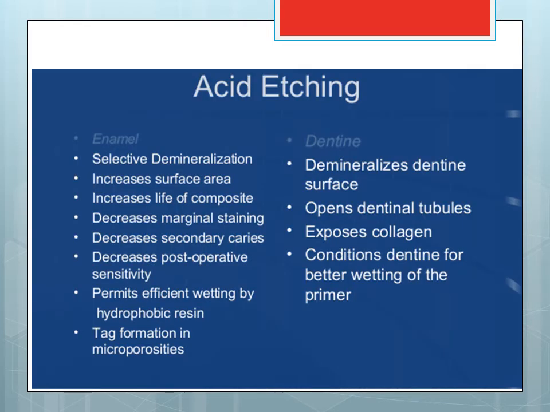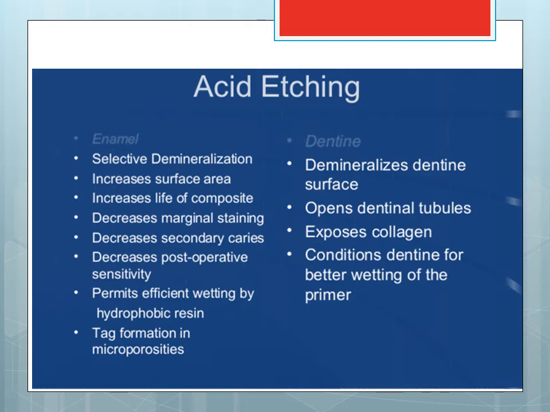So what are the effects of acid etching on the enamel and dentine? Enamel: it causes selective demineralization. Again, it depends if it's demineralizing the peripheries or the prisms or a combination of both. It increases surface area, increases life of the composite, because obviously the success of the composite depends on the etching.